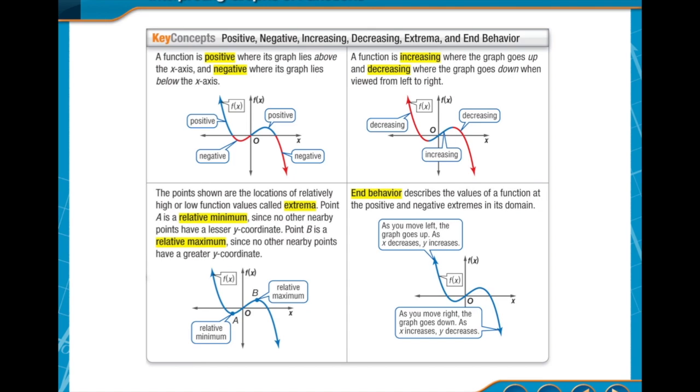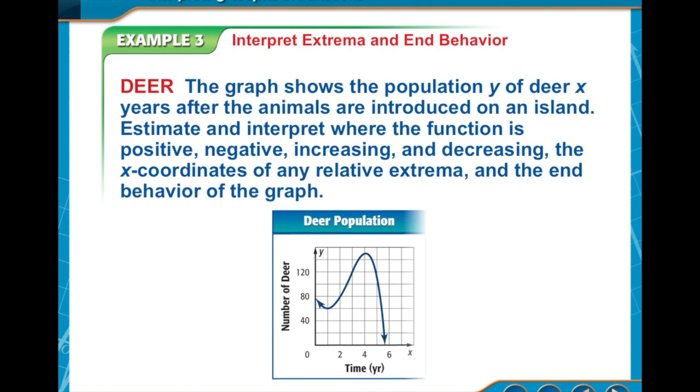So if we understand those, we'll be okay with the next few examples. Again, with this one, let's just focus on the graph. Don't worry about the words. We need to copy an image close to this, and we want to talk about this deer population. Let's see what they ask us. We know the number of deer is y. Time is our x-axis, as it usually is.